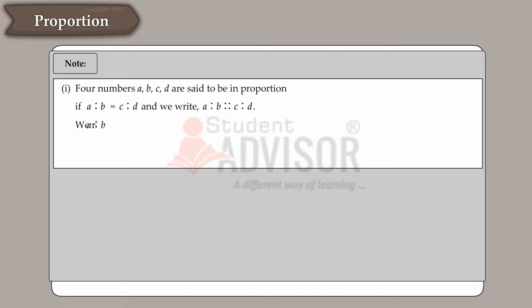We read it as A is to B as C is to D. Here A, B, C, D are known as first, second, third and fourth term of the given proportion respectively.